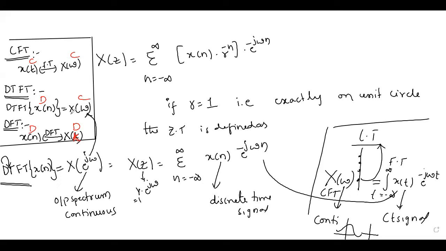Clear this? Continuous, continuous; discrete, continuous; discrete, discrete. So like this, these two concepts, DTFT and DFT, will be there in digital signal processing. Properties and problems are also there in detail, and a complete chapter is there based on DFT. And DTFT is a part of the Z transform chapter only. This is a basic difference.